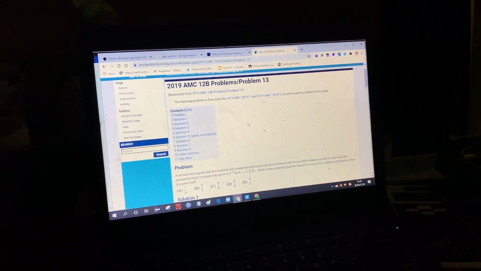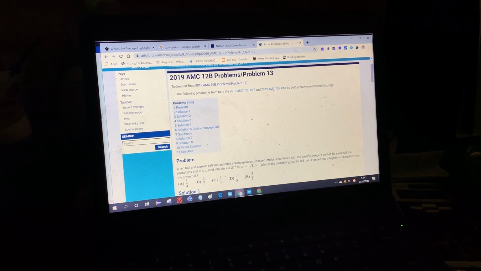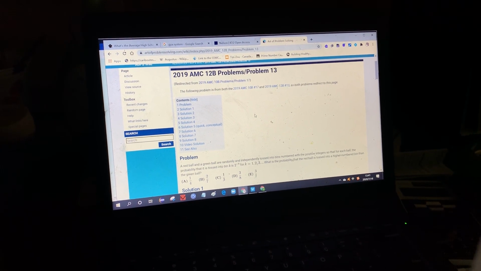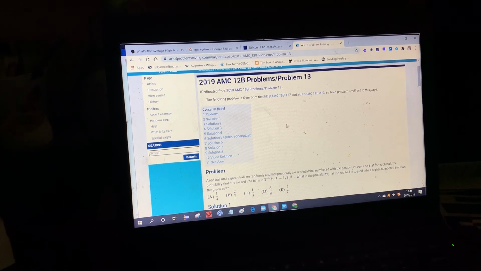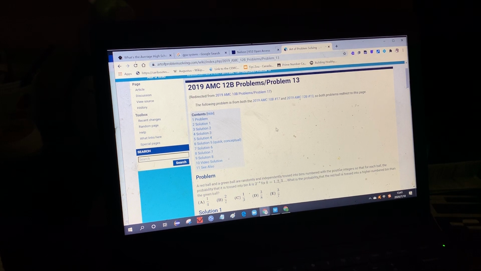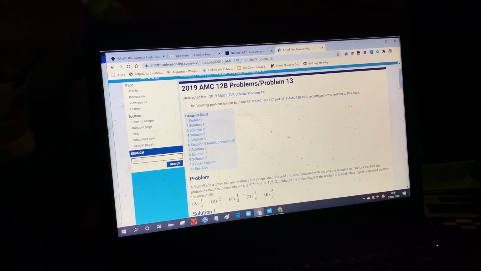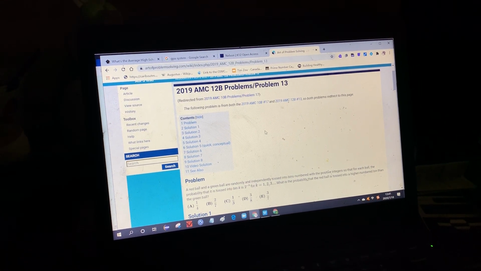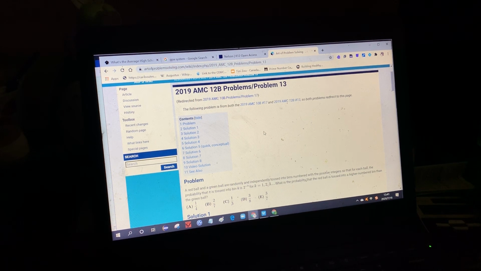A red ball and a green ball are randomly and independently tossed into bins numbered with positive integers. Let's say the probability that the red ball is tossed into a higher-numbered bin than the green ball.